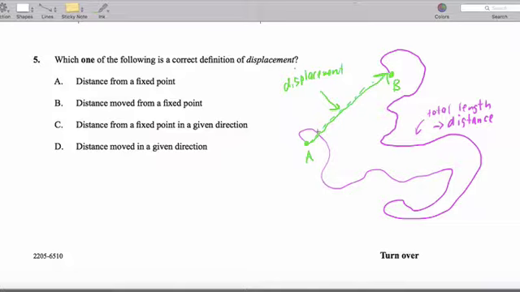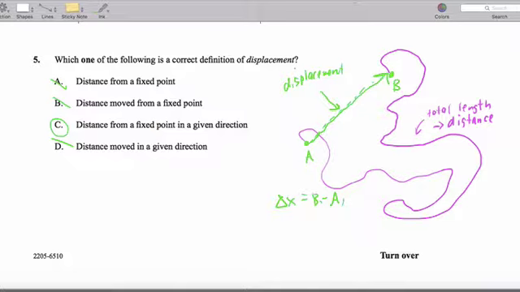So it's not just that it's distance from a fixed point or from a moved point. And it's not the distance moved. It's the distance from a fixed point in a given direction. I really like to say that it's the vector that represents B minus A in a photo like this.